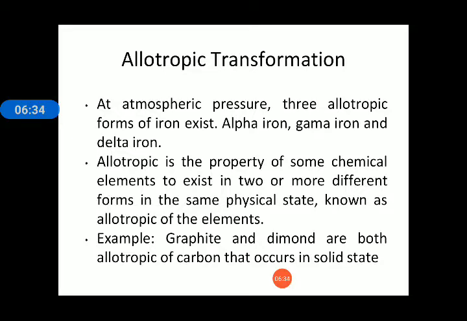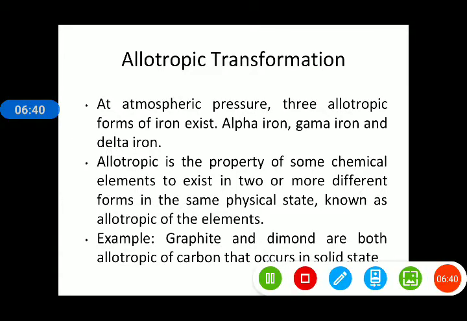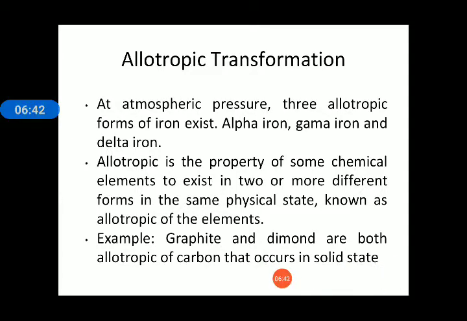Now, allotropic transformation. At atmospheric pressure, the solubility of carbon in iron depends on its structure, its temperature and the allotropic transformation. At atmospheric pressure, three allotropic forms of iron exist, that is alpha iron, gamma iron and delta iron.